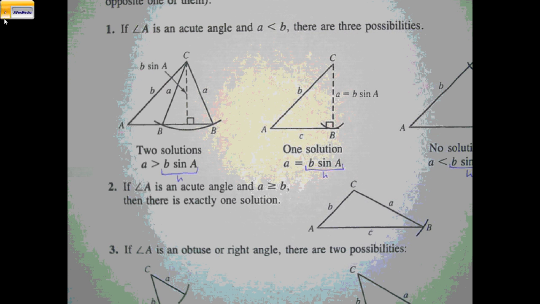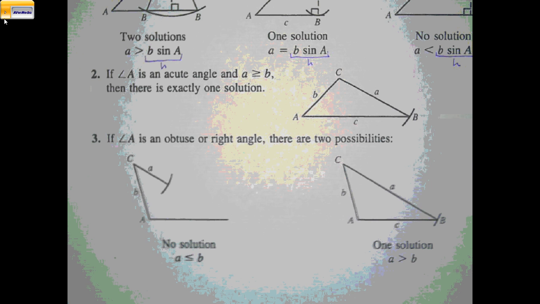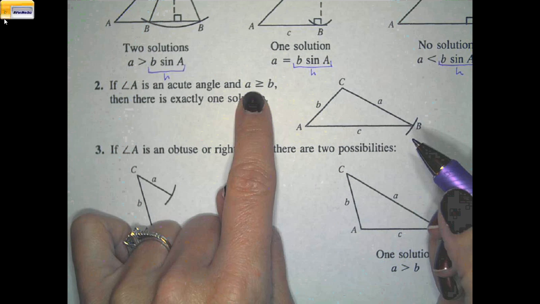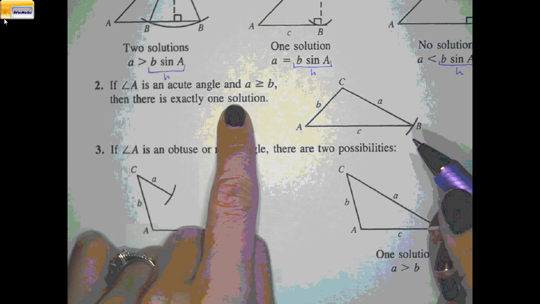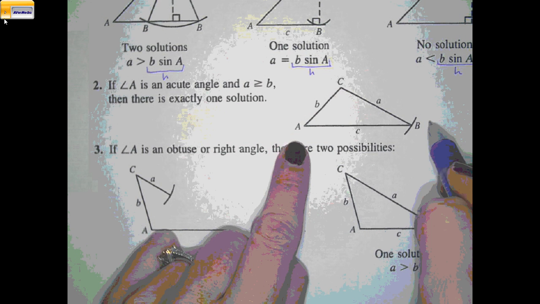So they kind of have the drawings all done for you. Number 2, if A is acute and A is greater than B, that's the one I just said I forgot to cut, then there's exactly one solution. You can't swing side A this direction and make a triangle. You've only got one option there.